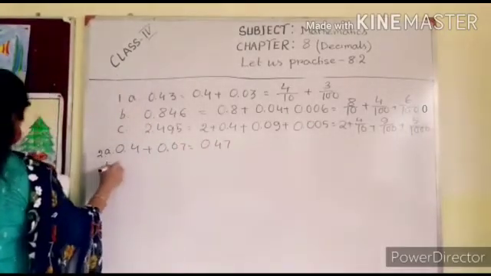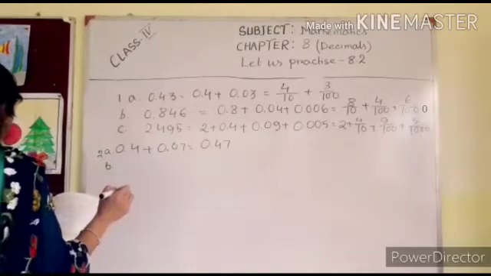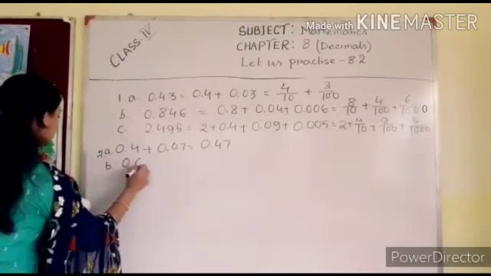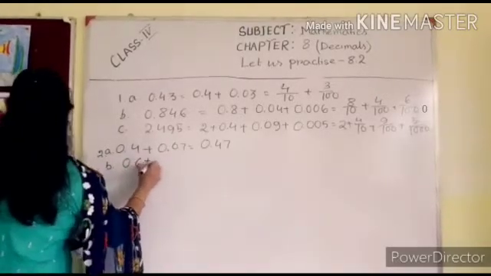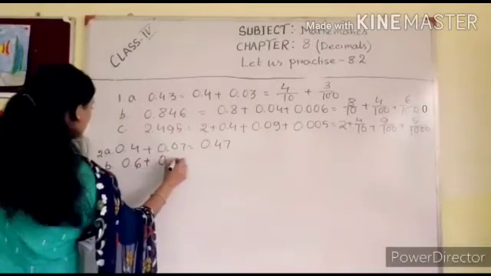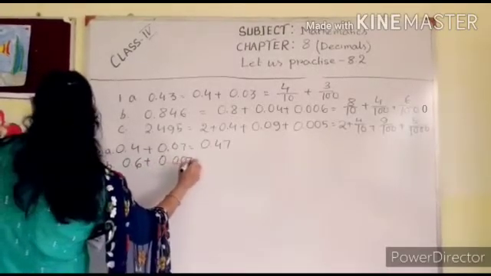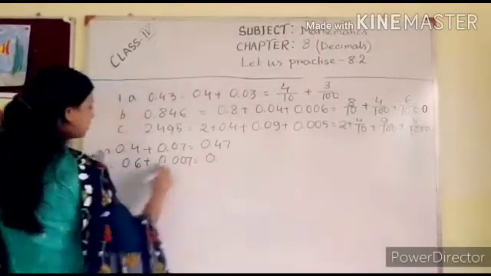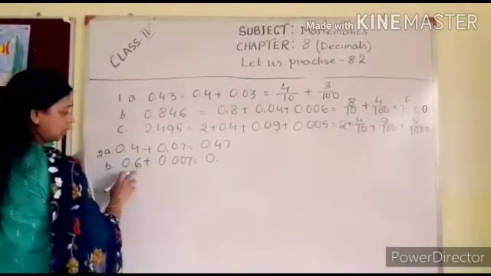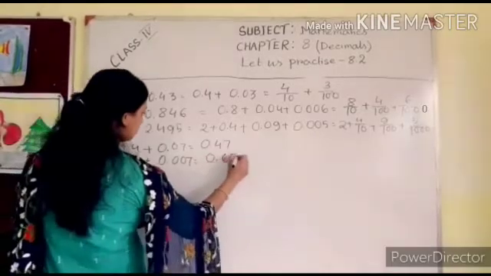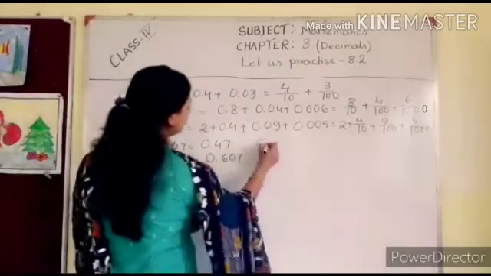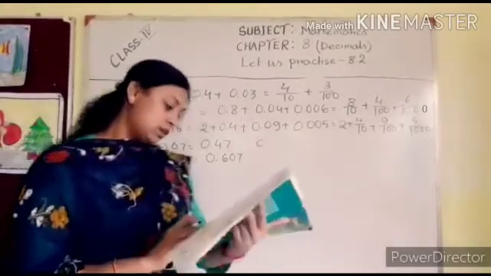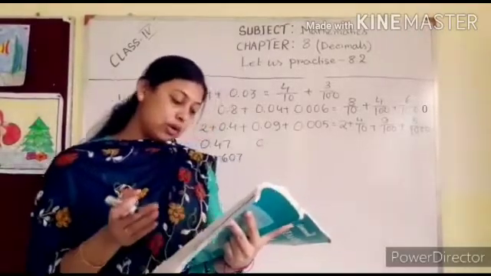This is it. Now number B: 0.6 plus 0.007. Just add this, so the answer will be 0.607.